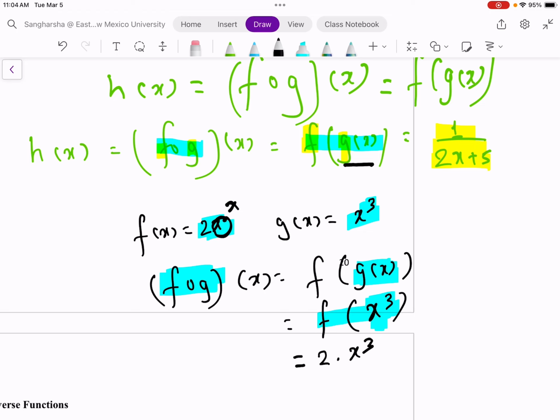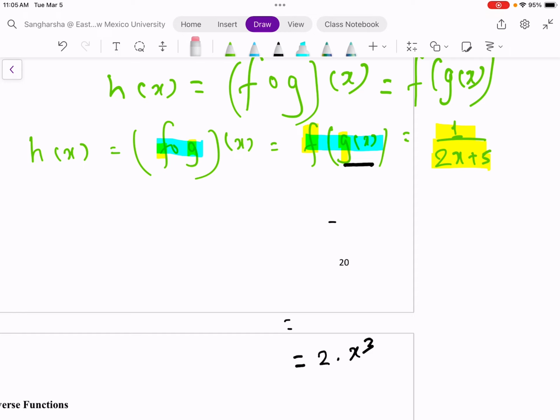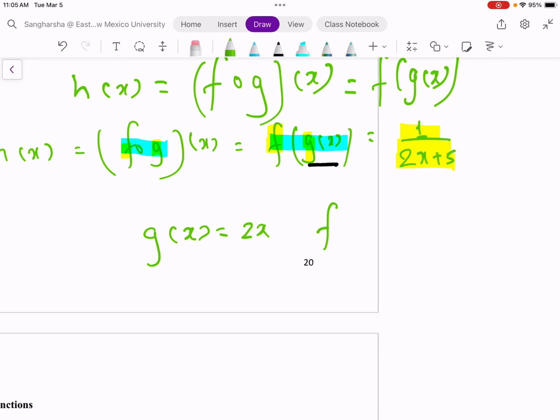Okay, if you say your g of x is 2x, so you don't need this here. So let's try that. It may not be correct, not sure. So let's say our g of x is 2 times x. Then what should f of x be?